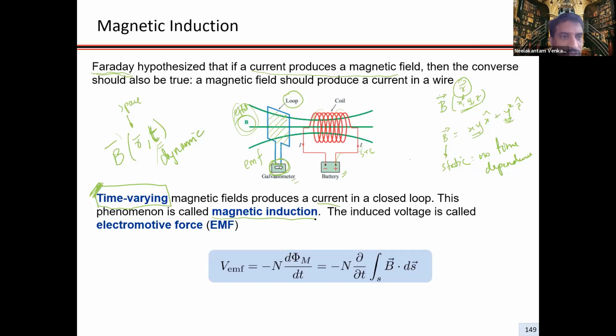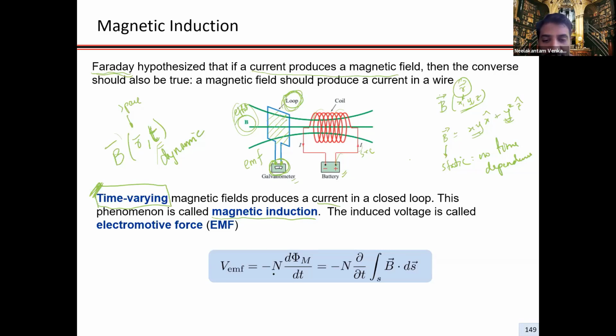Michael Faraday went on to experiment with this hypothesis, and he figured out that indeed it is true that there will be a voltage across the two ends of the loop. It can either be a loop, or it can be a coil by itself as well.